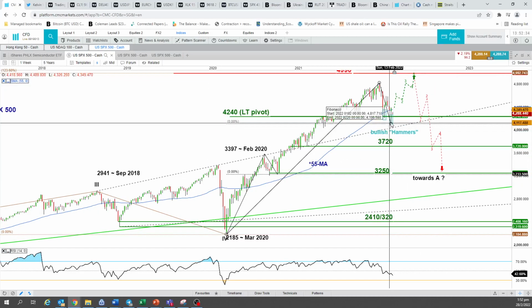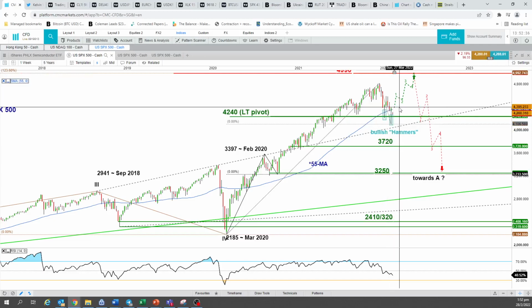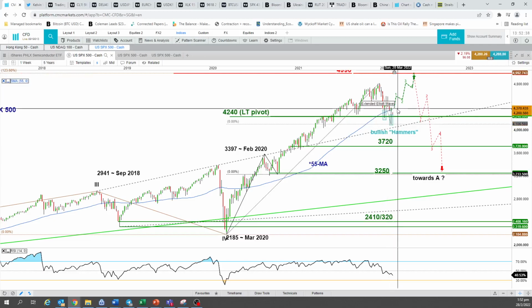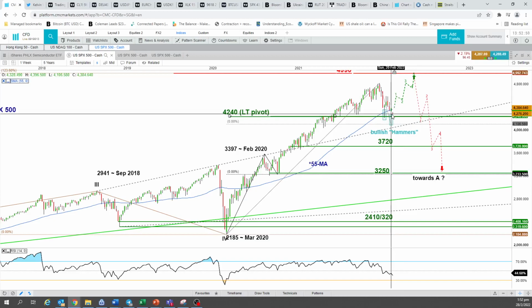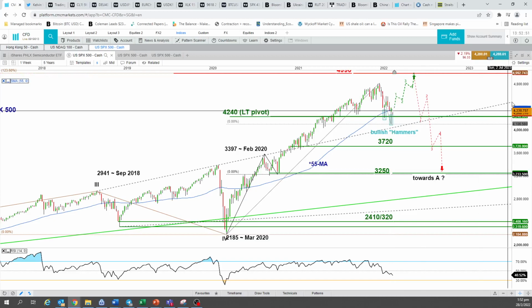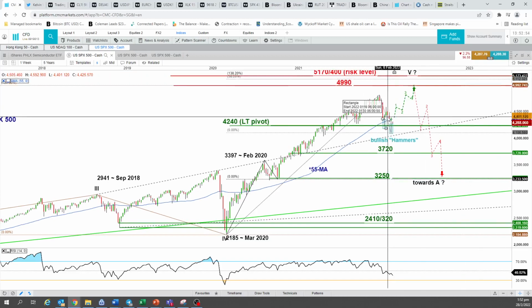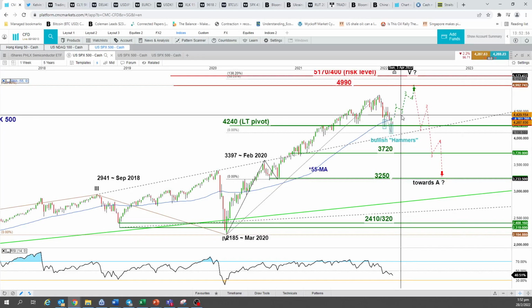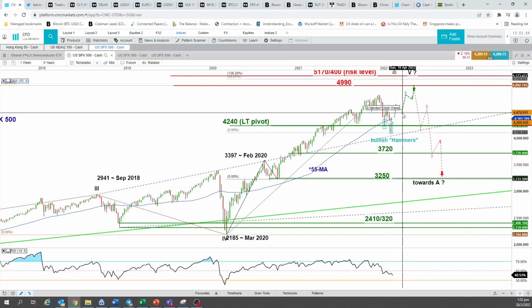But all in all, from a medium-term to short-term perspective, right now we can't say that this is the start of the long-term, potentially multi-month, major corrective decline yet, because from a price action perspective last week, this bullish hammer right at 42.40, as well as from the Elliott wave and fractal analysis perspective, we may still start to see the last rally of hope and irrationality.